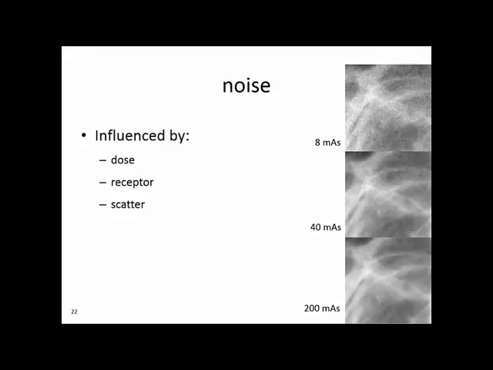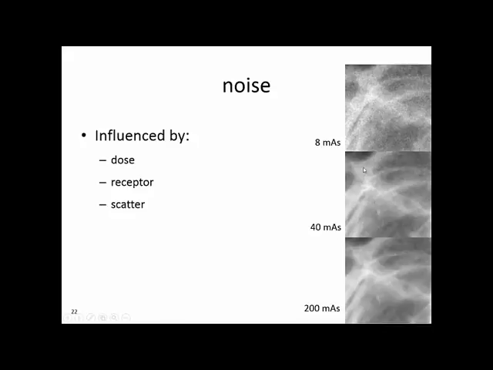But also very important is that the receptor, so the detector, has a certain quality, a certain sensitivity. This is given by something called DQE, detective quantum efficiency, and these two things together create a certain noise impression in the image.